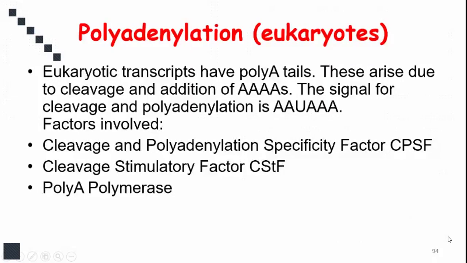So remember, we say polyadenylation is the last process that actually occurs. Then cleavage and polyadenylation specificity factor will actually appear to do the work. And then cleavage stimulatory factor will also appear. Then poly-A polymerase will add the poly-A tail.